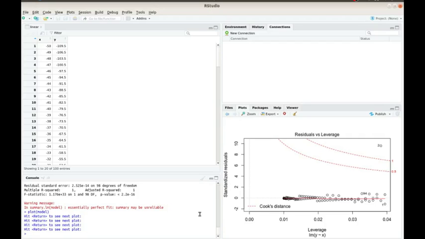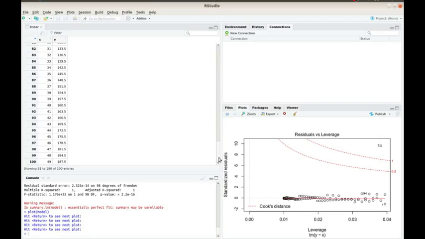And we could see that this second dot here, 2, which is related to this value here, for some reason is outside of the Cook's distance, which is 1. So it's an outlier and it should be dealt with. Interesting how that comes about.